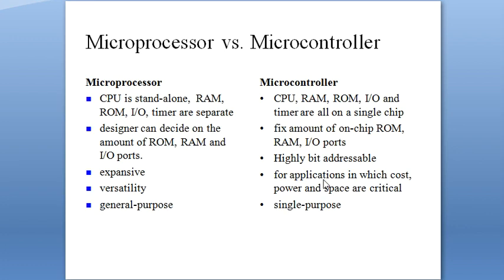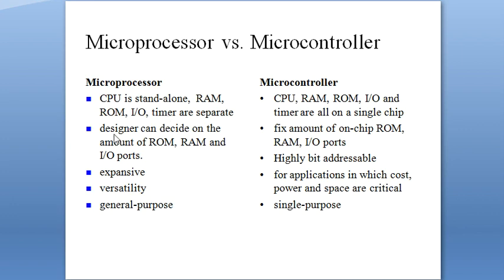Next, comparing the microprocessor with the microcontroller: in the microprocessor, RAM, ROM, IO and timers are connected externally, whereas in the microcontroller, the CPU, RAM, ROM, IO ports and timers are all available on chip.